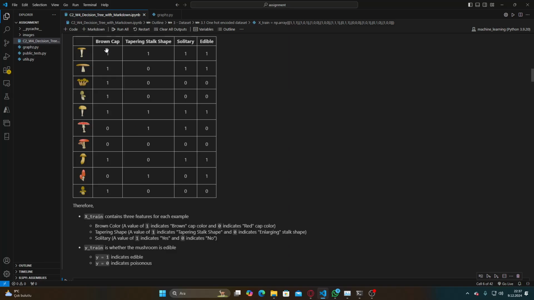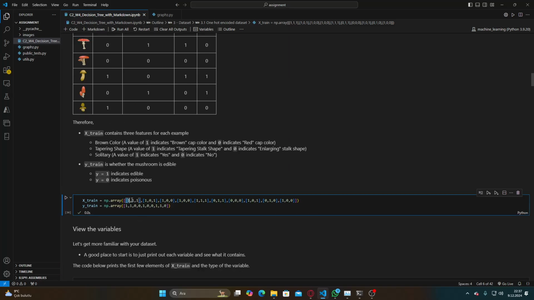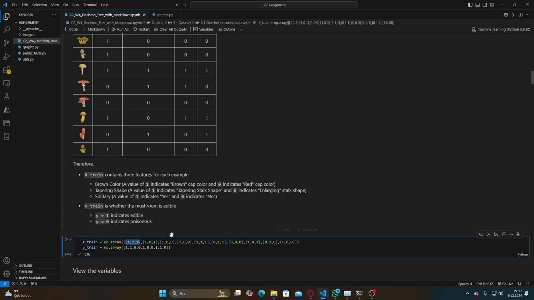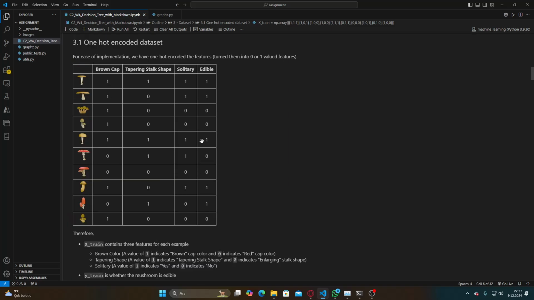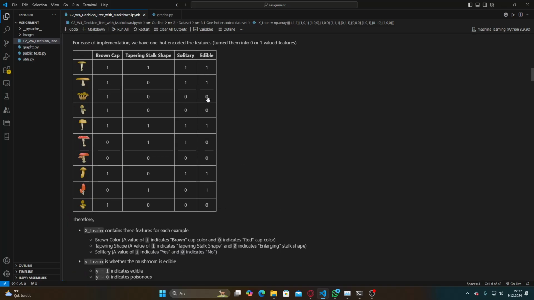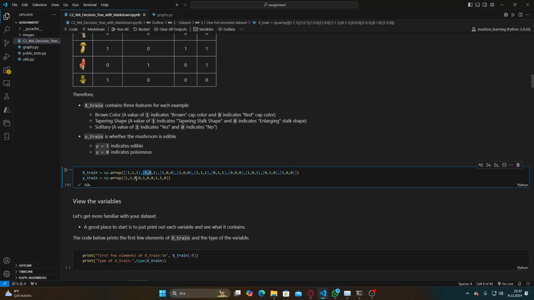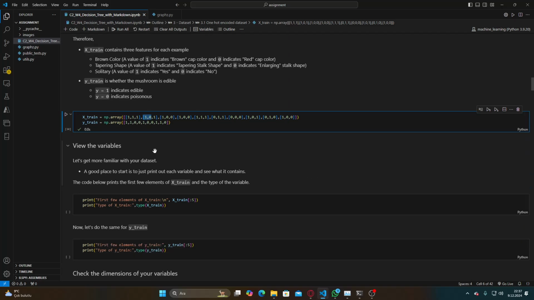If it's like this one, 111 in here, 101 in here, 100, and the y array is 11001, 11001. It goes like this one.